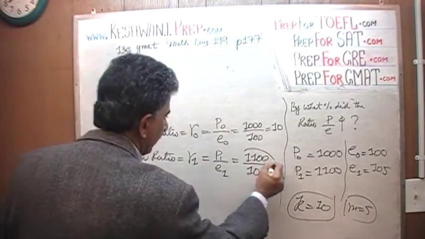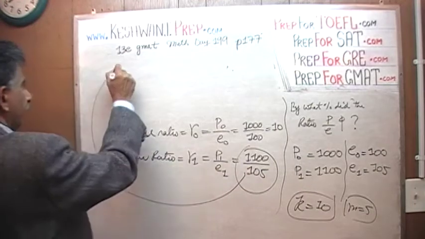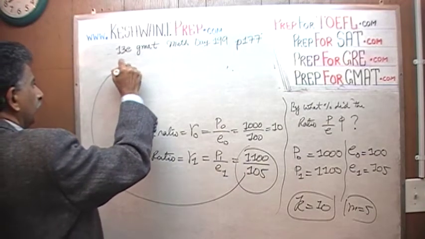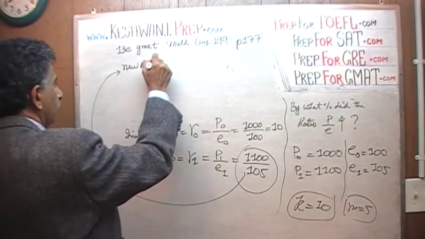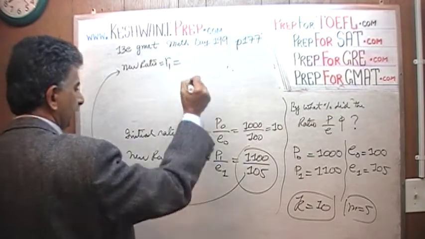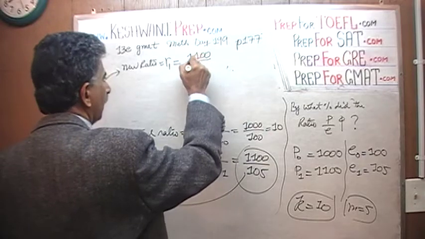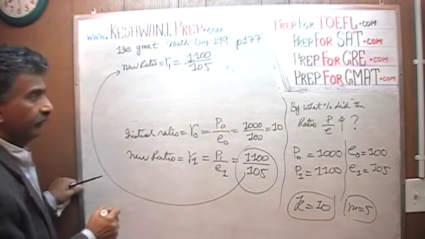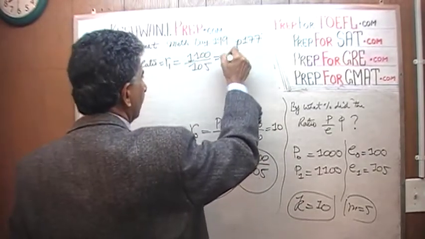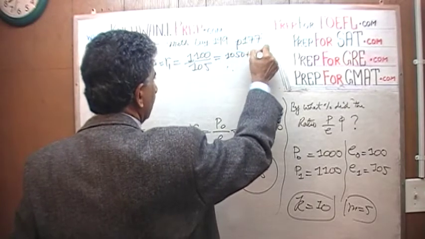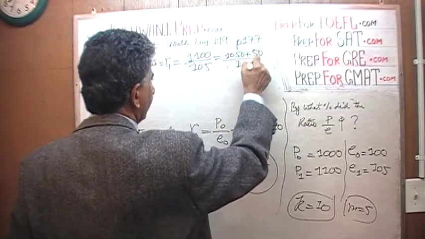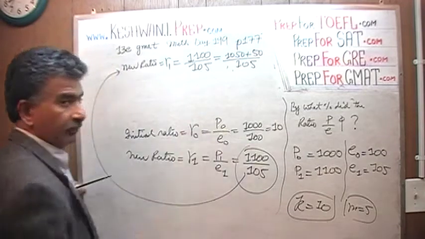So this is our final ratio. Let's make a note of it up here. The new ratio, R1, is 1,100 over 105. Watch what happens. 1,100 can be written as 1,050 plus 50 over 105. 1,050 plus 50, of course, is 1,100.